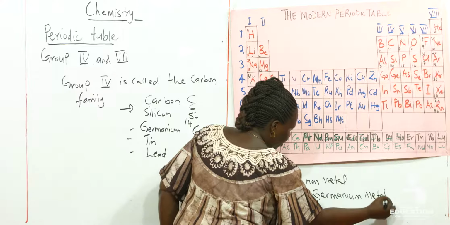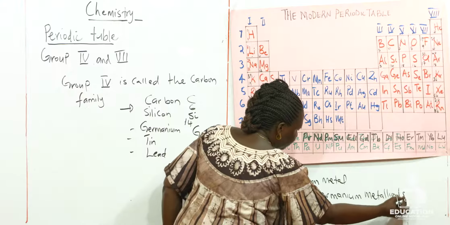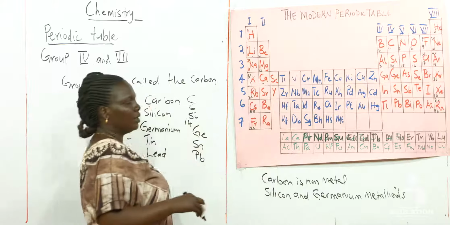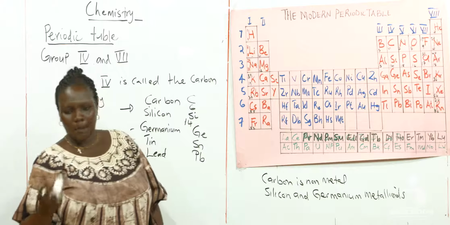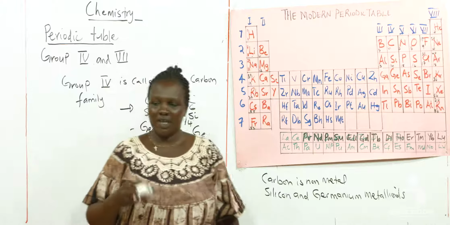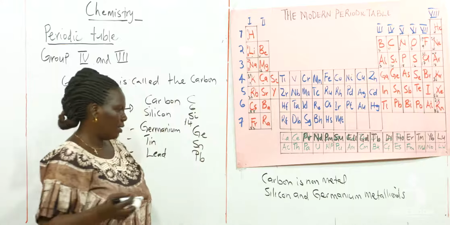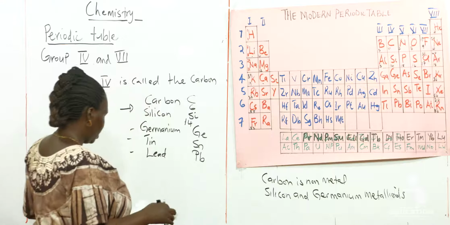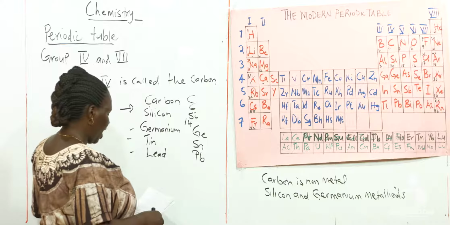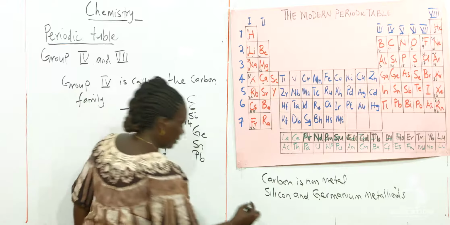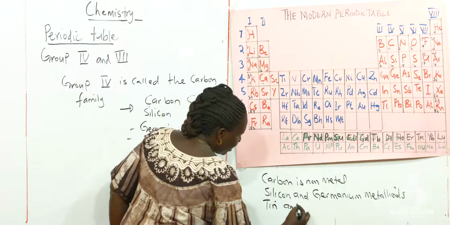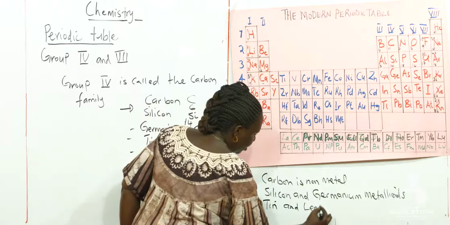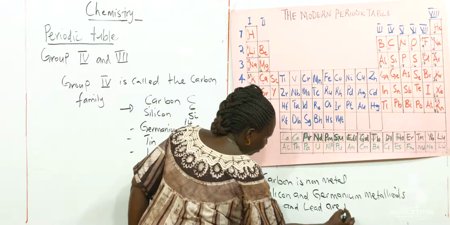They display both properties of metals as well as non-metals. Then we have tin and lead, which are metals.